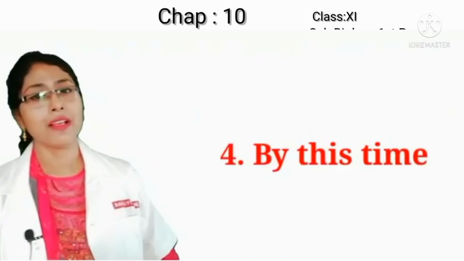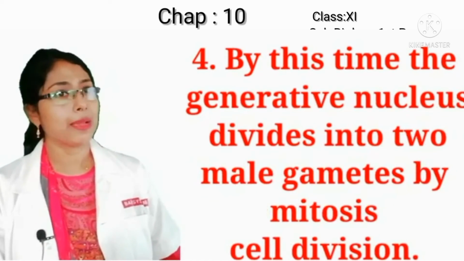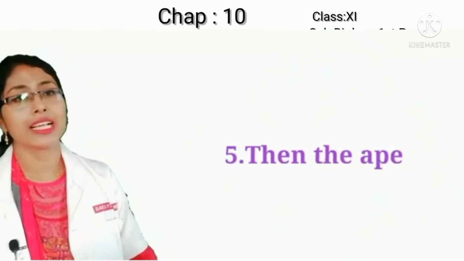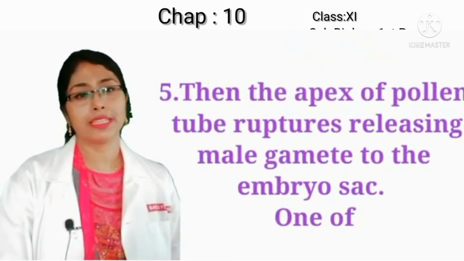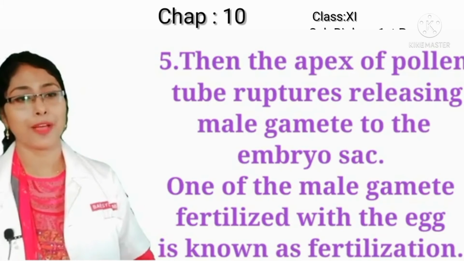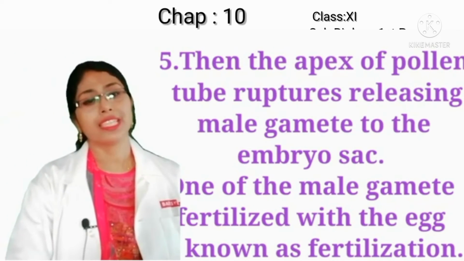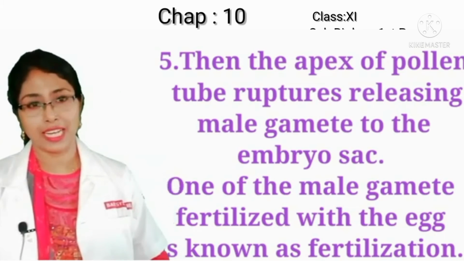By this time, the generative nucleus divides into 2 male gametes by mitotic cell division. Then the apex of pollen tube ruptures, releasing male gametes to the embryo sac. One of the male gametes fertilizing the egg is known as fertilization.